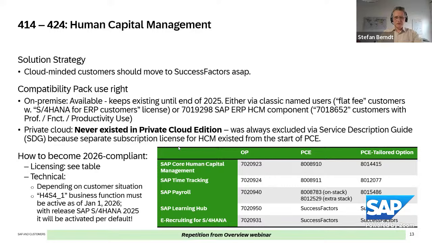You see here also the list of licenses that are required to be entitled with this new functionality in on-premise and also in the private cloud. In the private cloud, we have some exceptions because it's a subscription-based model. Certain functionalities here were not allowed to be used and will also not be available, which I explain a little bit later on.